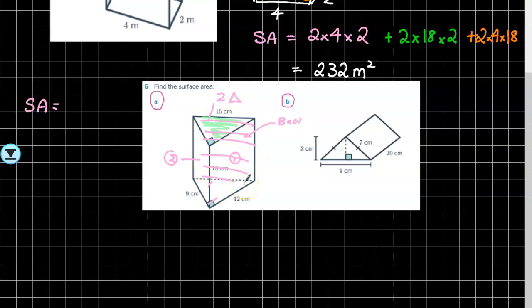All right, so let's work them all out. Triangle. What do we need to find the area of a triangle? Okay, if I'm wanting to work out the triangle, this one here, what information do you need to find the area of a triangle?